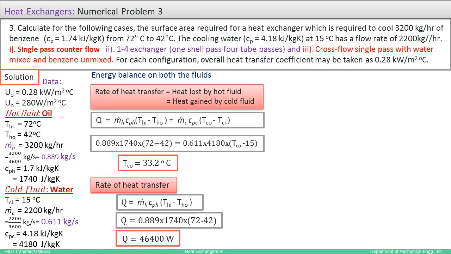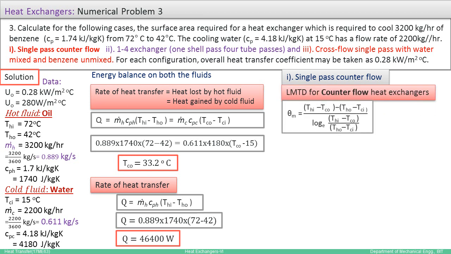Now we'll take one by one the cases given. The first one is single pass counterflow. Okay, it is the same as the previous problem explained in the first video. LMTD of counterflow heat exchanger equation to be written, and analyze the terms for verification if there is anything wrong there.